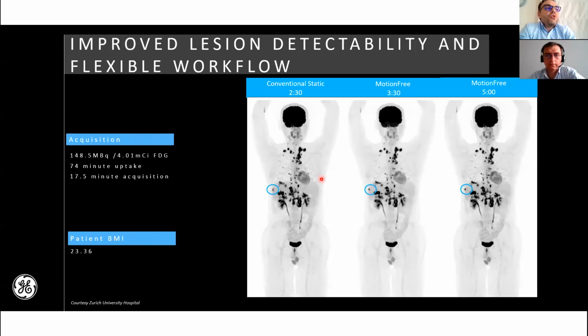The second conclusion is that the image quality in the case of the 2 motion-free images is not very different. It's comparable, which means that the extra time applied per bed with motion free does not significantly impact the image quality.